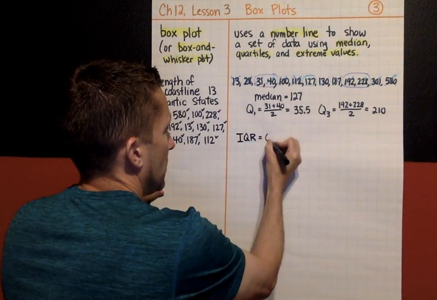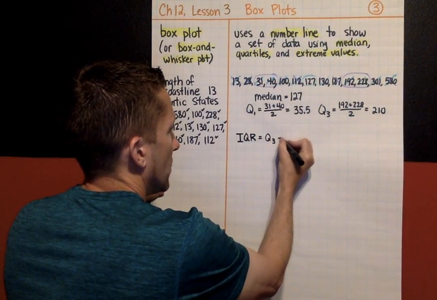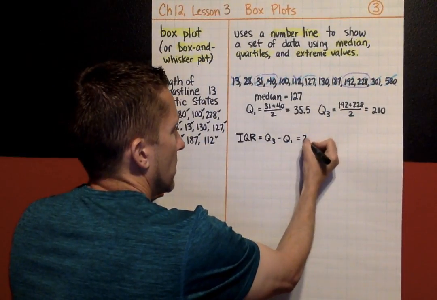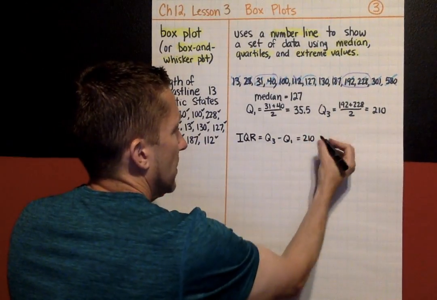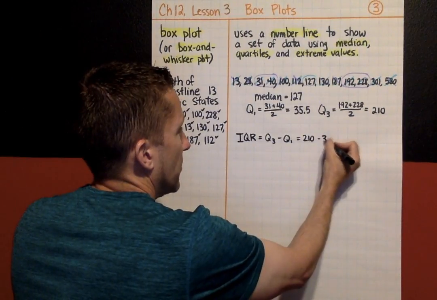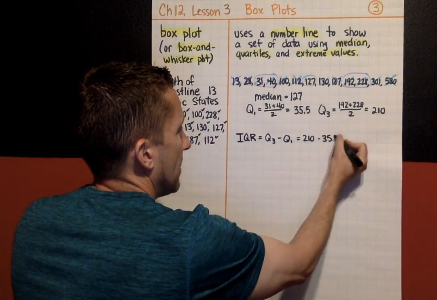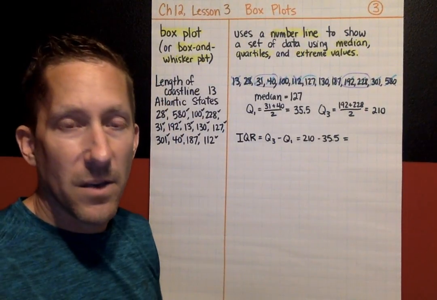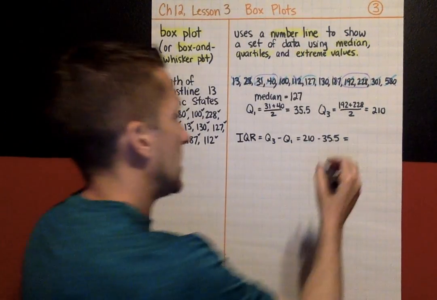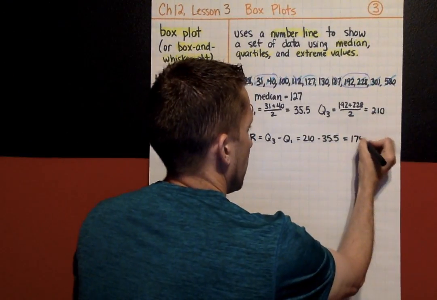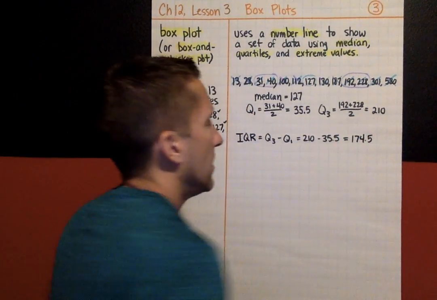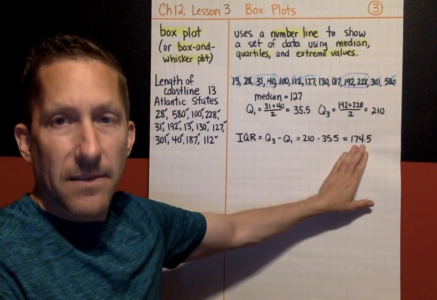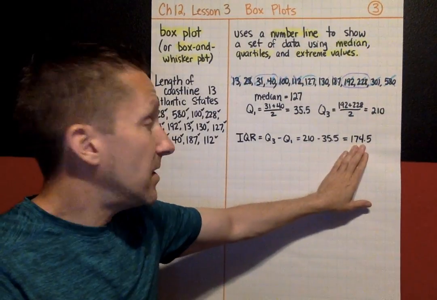And that is Q3, third quartile, subtract first quartile, or 210, quartile 3, subtract 35.5. The interquartile range, distance between Q1 and Q3, turns out to be 174.5. That is the number we use to test to see if there are any outliers in our data.